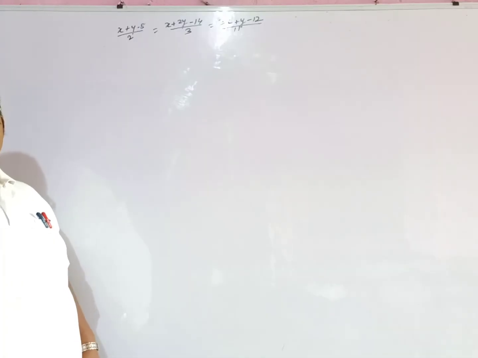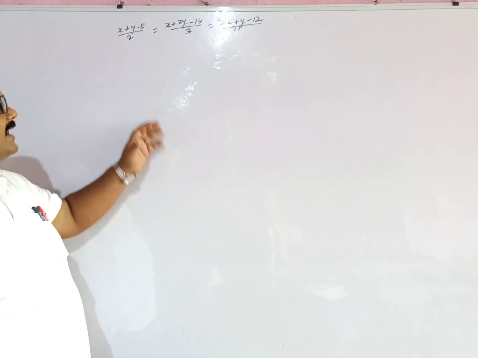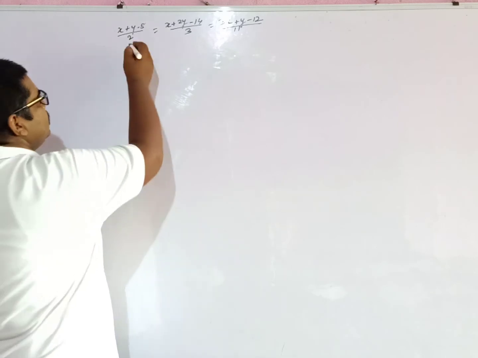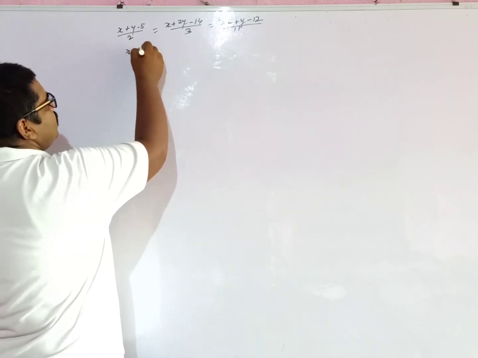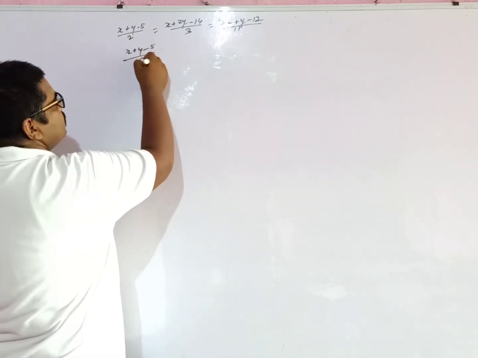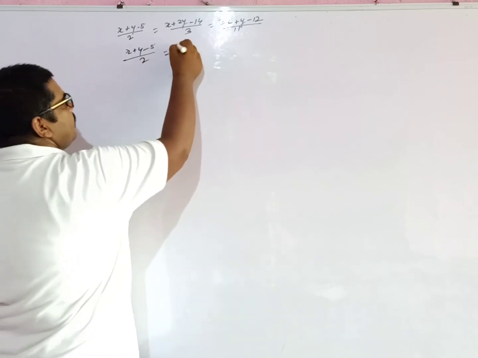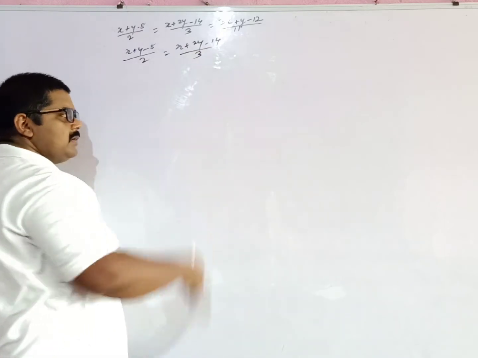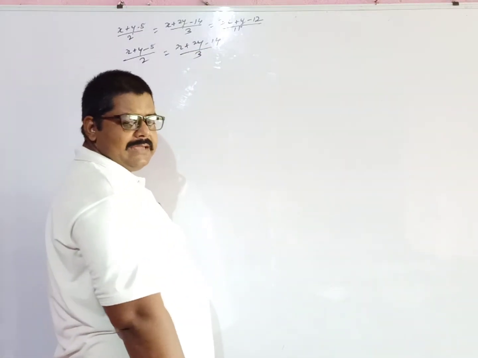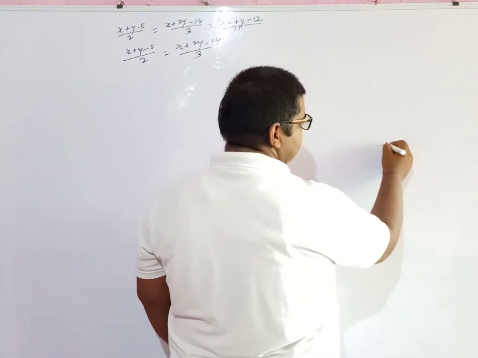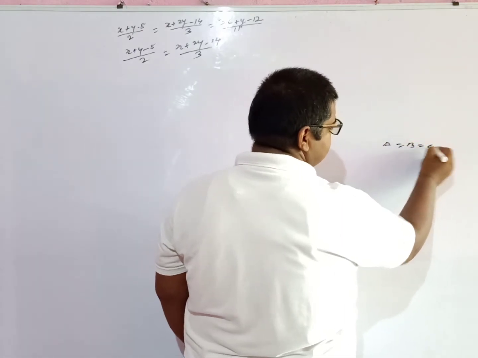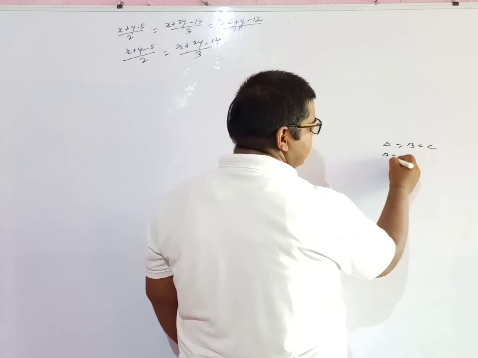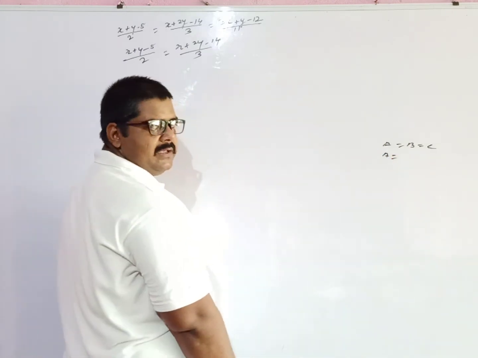My dear students, I have just started with another question, and you can see that this question is x plus y minus 8 upon 2 is equal to x plus 2y minus 14 upon 3. When a question gives a is equal to b is equal to c, such a question can be solved easily by deriving two different equations.